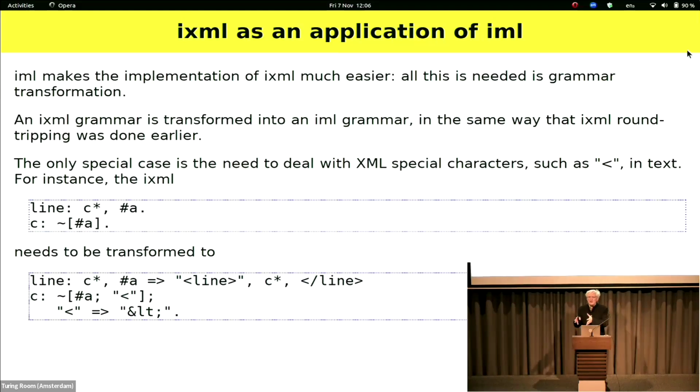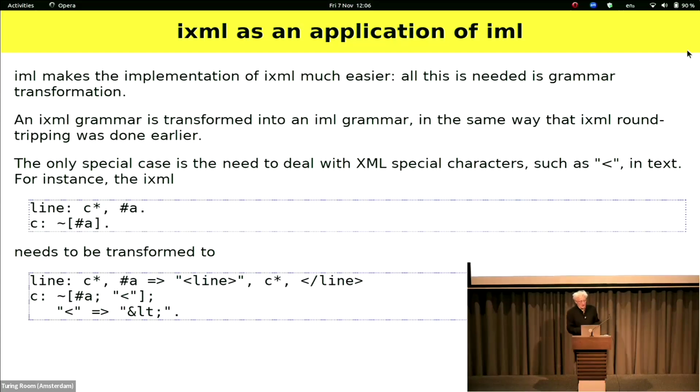But now we've made the ixml implementation that much easier because it doesn't have to know anything about XML. It can just get all the information from the grammars. The only special case you have to deal with in transforming an ixml grammar into an IML grammar is that you have to deal with XML special characters such as open angle bracket when that appears in text.